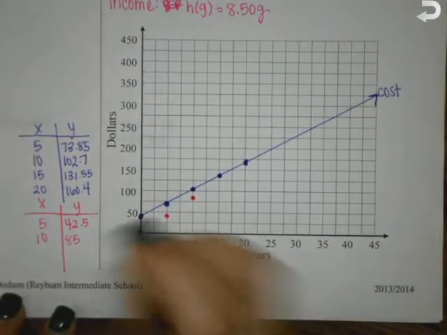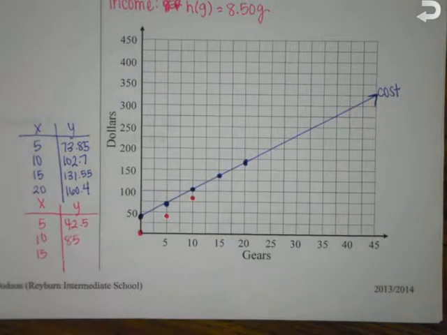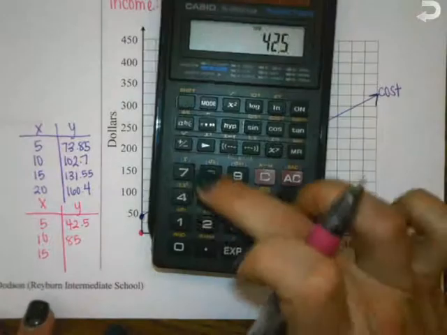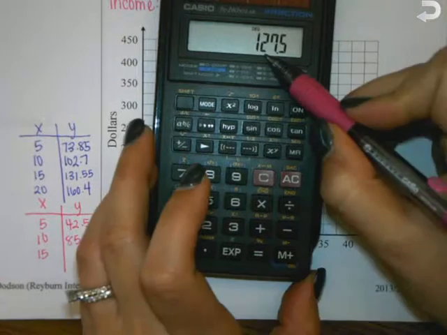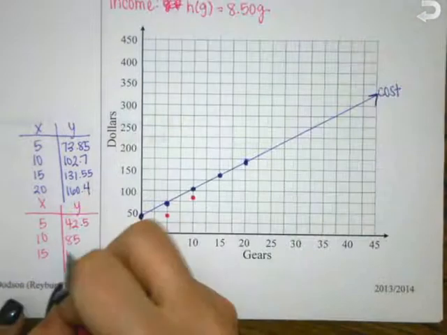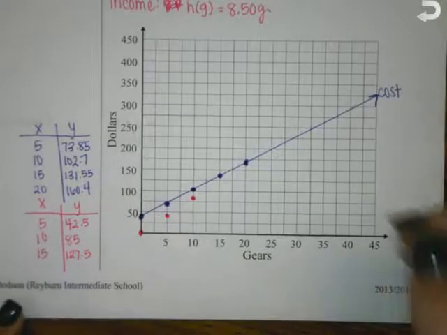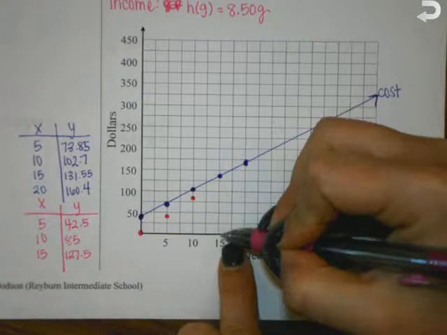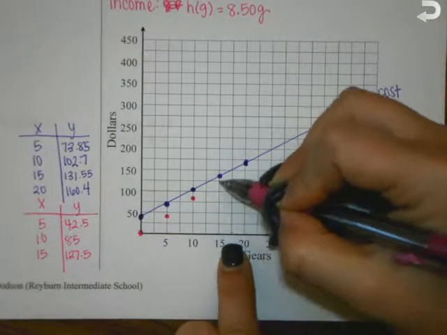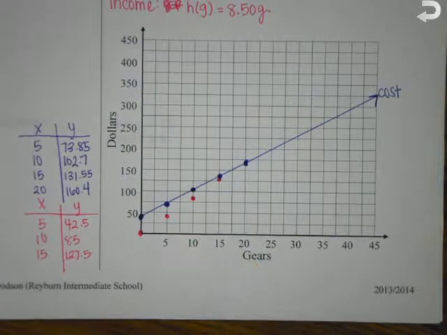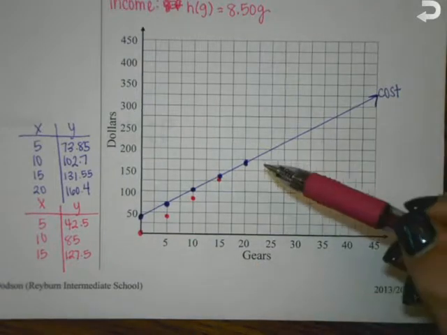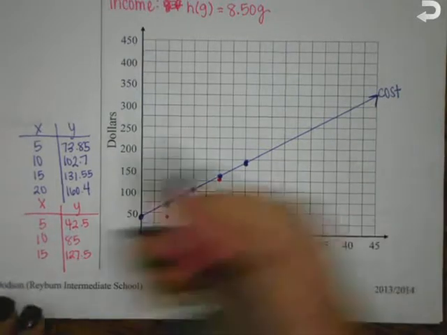When we sell 15 gears, I'm going to use the calculator again. So 8.5 times 15, we make $127.50. So when we sell 15, here is 125, so it's going to be like right above that. And let's do one more for 20.